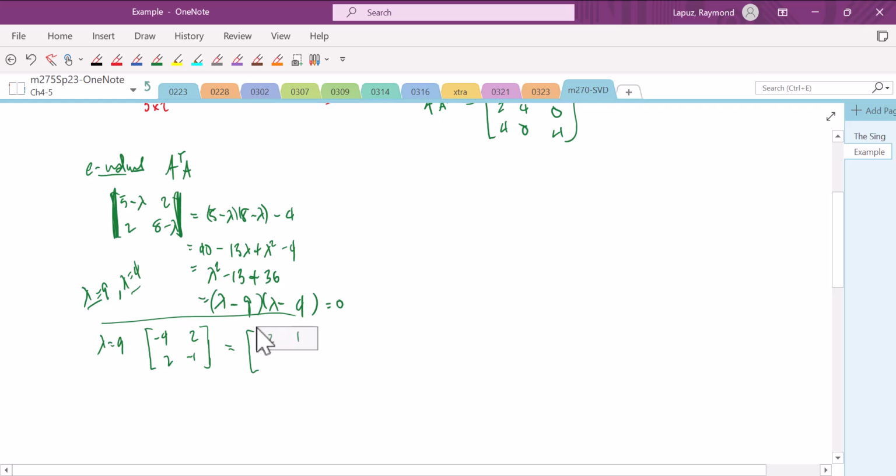Let's try that again. If you row reduce, this is going to be 1, this is going to be negative 1/2. This should be 0, 0 because they're linearly dependent.